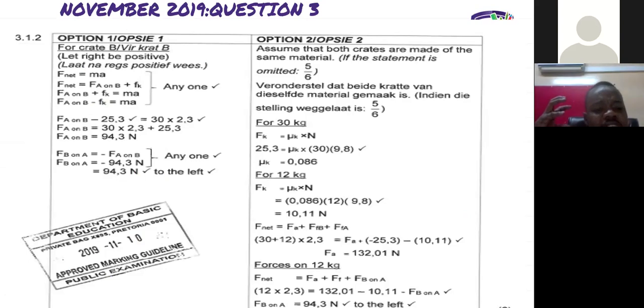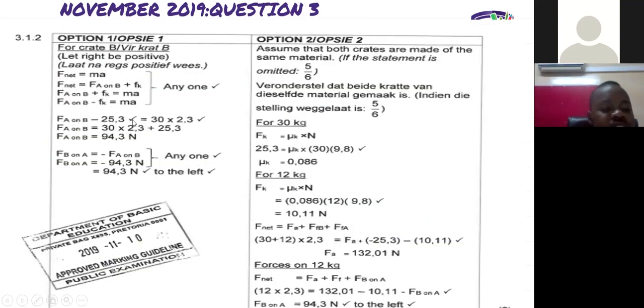But if the force is acting to the left and you chose left as negative, then we put a negative. It doesn't mean the force is negative. It just tells us it is acting in that negative direction, which in this case means to the left.